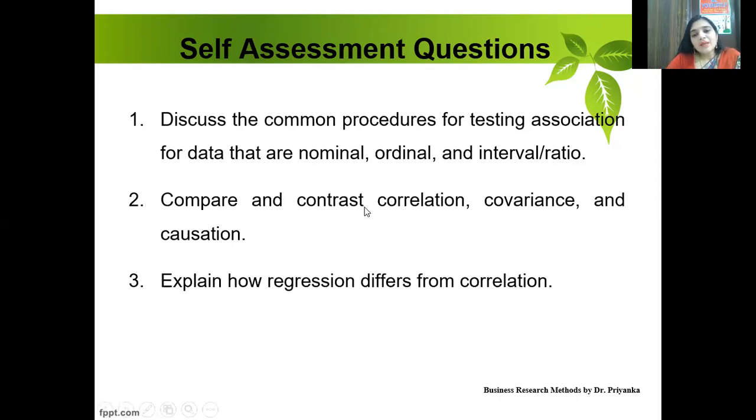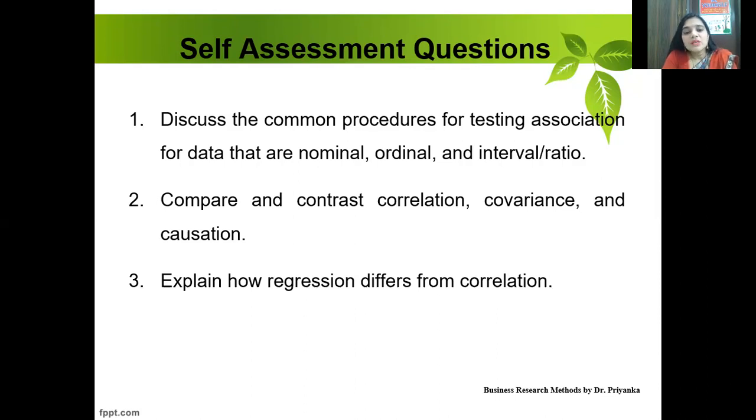Second: compare and contrast correlation, covariance, and causation. Correlation basically tells you the relationship, the association between two variables, whether they are associated or not. That's it, right? Covariance gives you the covariance between two variables. Concomitant variation is one condition needed to establish a causal relationship between two variables. When two variables co-vary, they display concomitant variation.